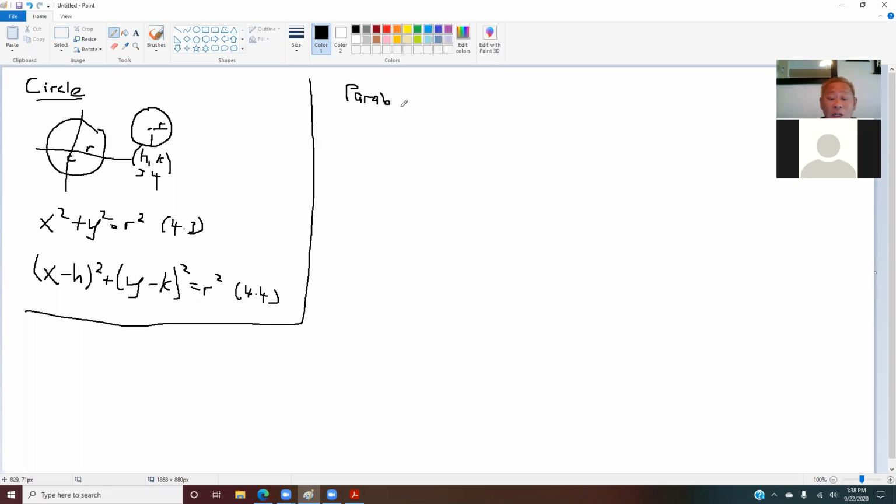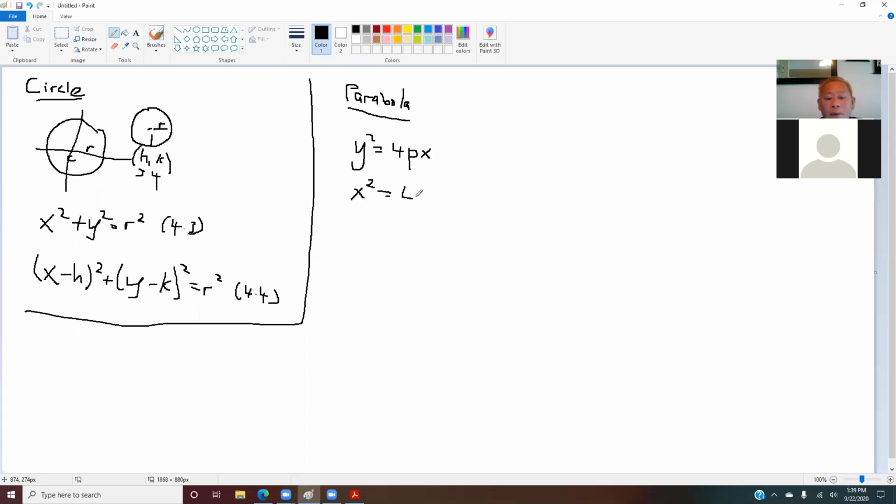Now, parabola is what you learned in chapter 3.1. But the parabola you learn in this case can open sideways. In chapter 3.1, your parabola either opens upward or downward. But in this section, the parabola can open to the right and it can open to the left. These are all called parabolas too. So when you do the parabola, you have to watch carefully which one got squared. The formulas we'll be using are y squared equals 4px and x squared equals 4py.